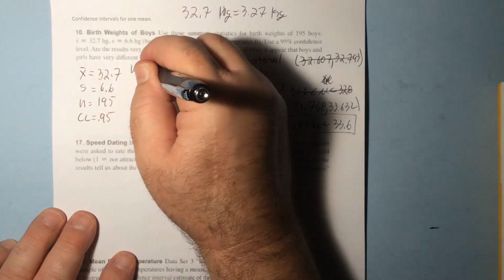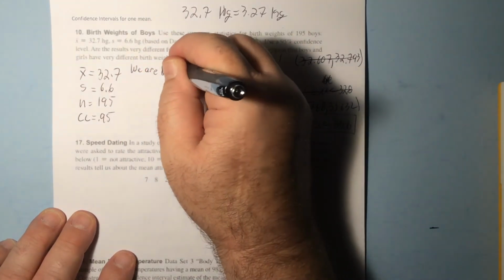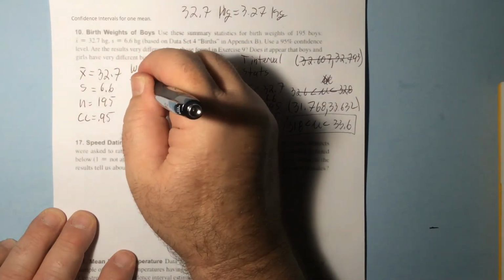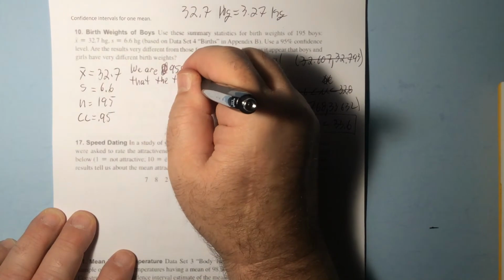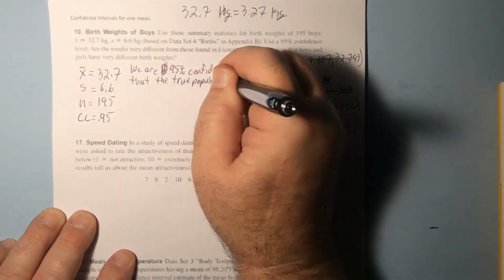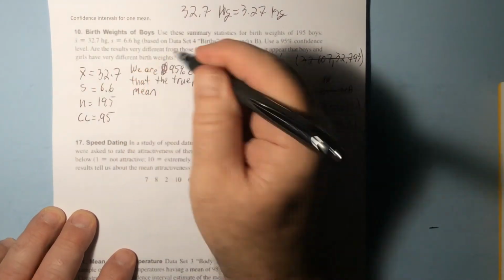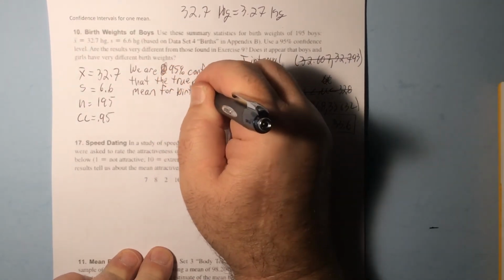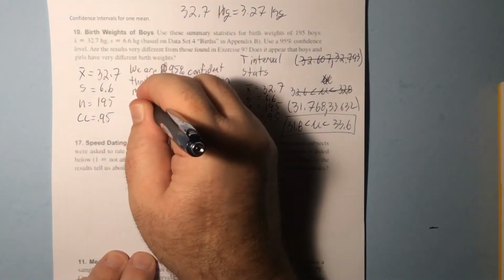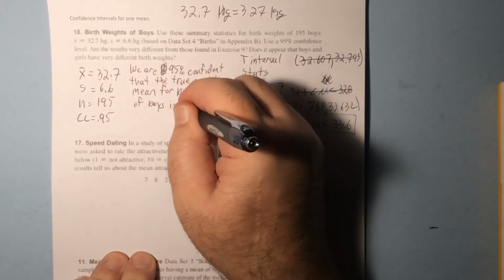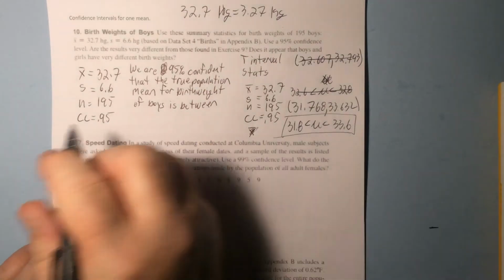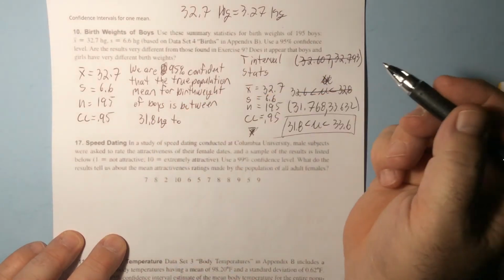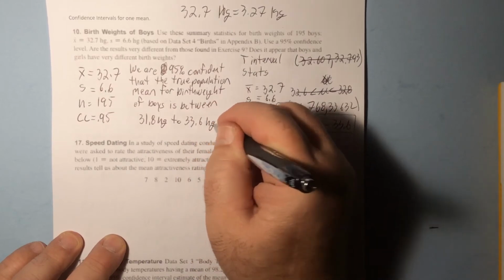We are 95% confident that the true population mean for birth weight of boys is between 31.8 Hg to 33.6 Hg.